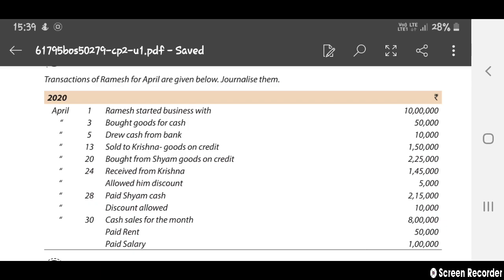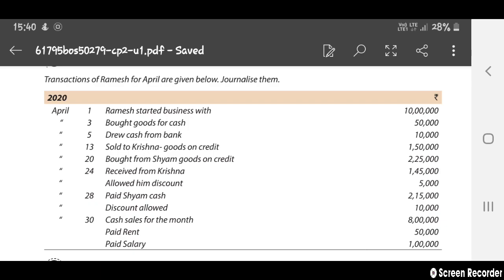On April 24, he received rupees 1,45,000 from Krishna and allowed him a discount of rupees 5,000. On April 28th, he paid Shyam cash of rupees 2,15,000 and discount received was 10,000.